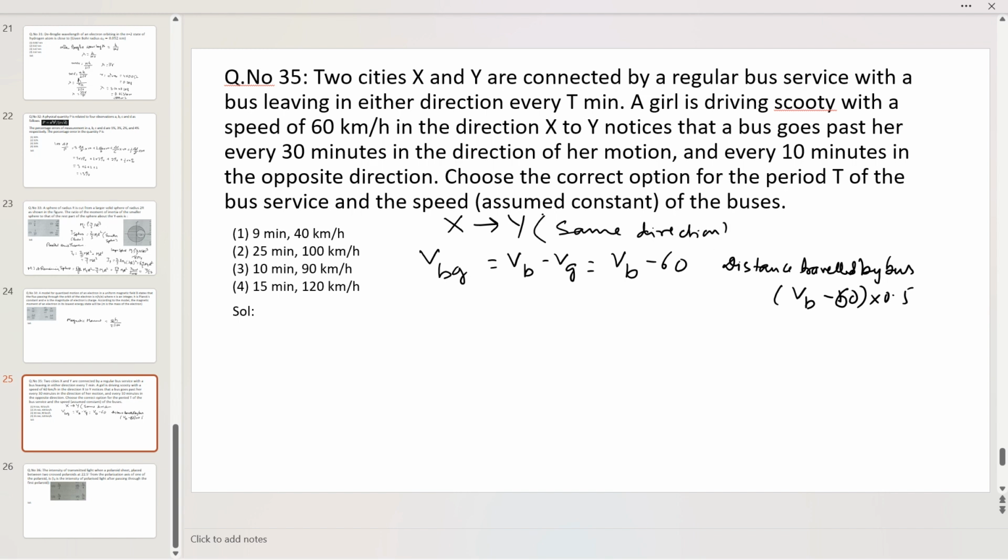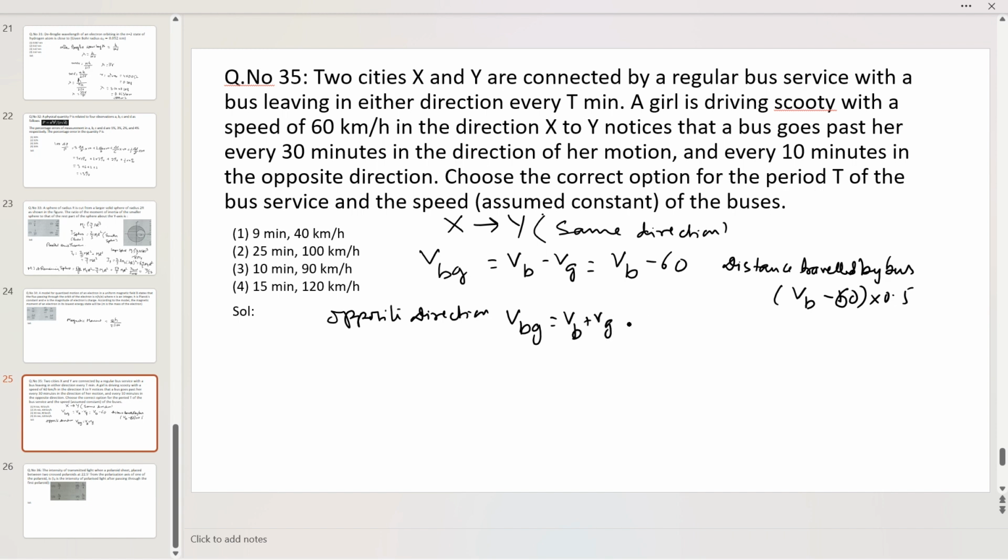Now for the opposite direction, the velocity of the bus with respect to the girl will be Vb plus Vg.